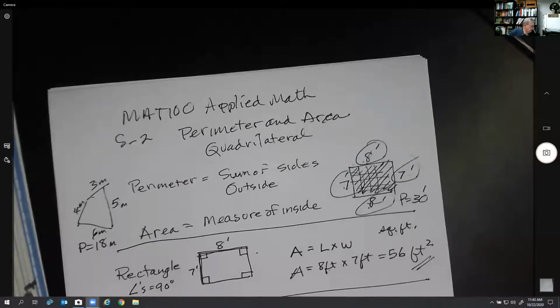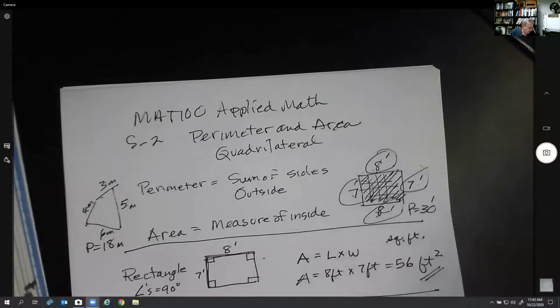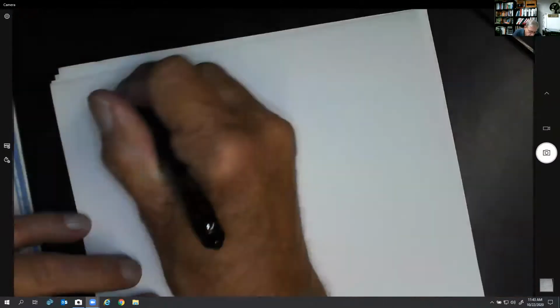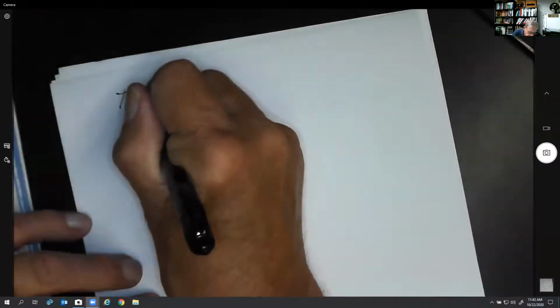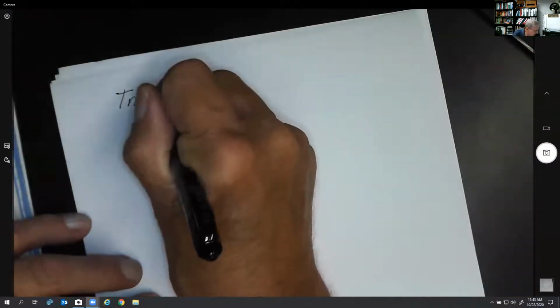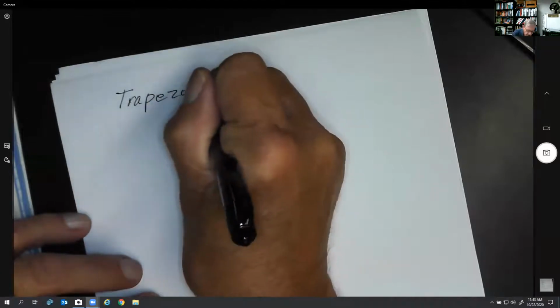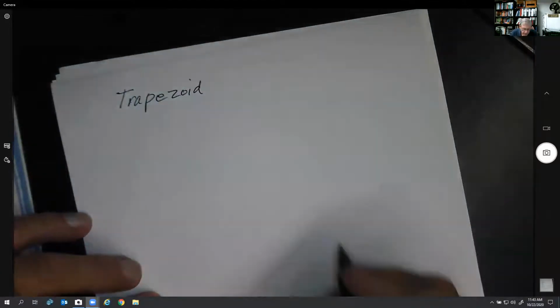Okay. Another one. Page 424, you have the formula in your book. And also on page 425. But what we want to look at now is a figure called a trapezoid. A trapezoid usually looks kind of like a lampshade.